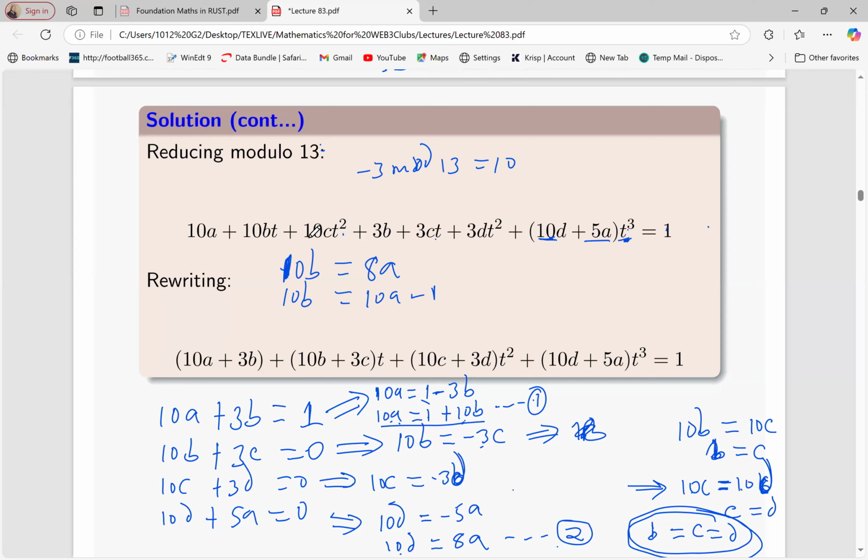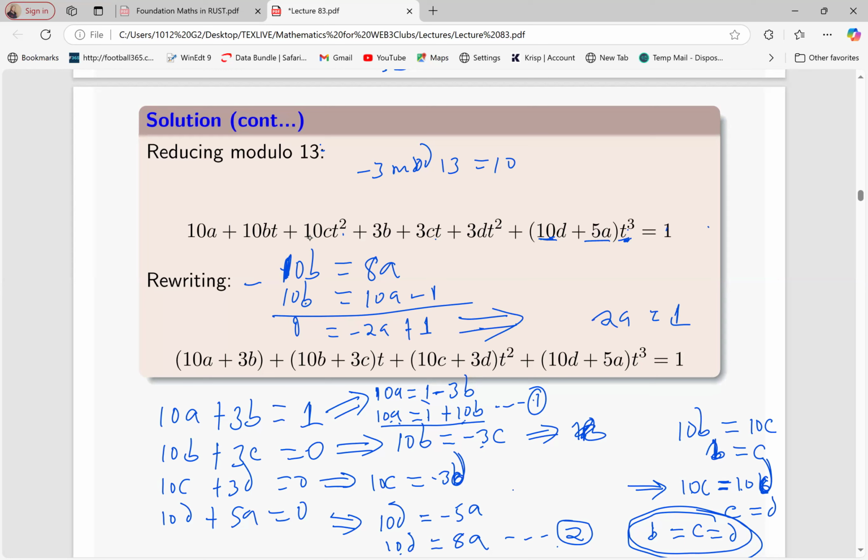So using elimination, you can easily subtract this equation from these equations. When you subtract, this will be 0 is negative 2a plus 1, which is the same as 2a is 1.